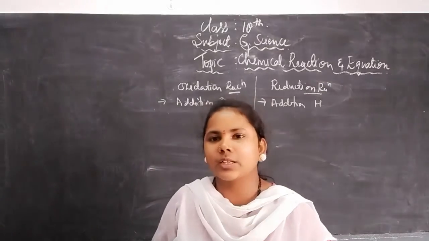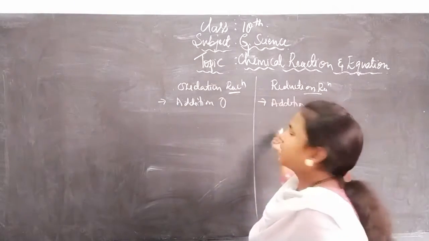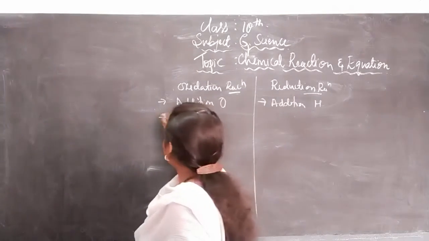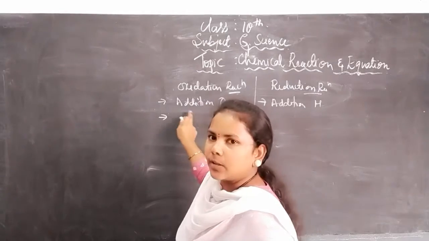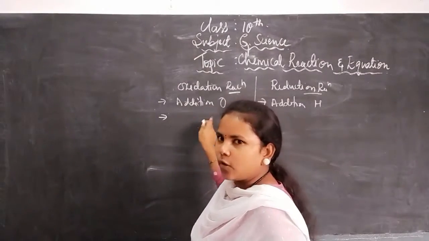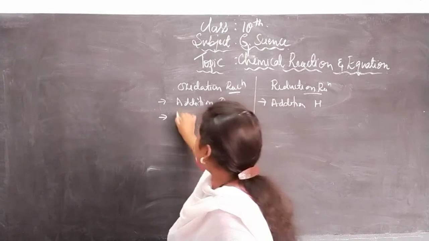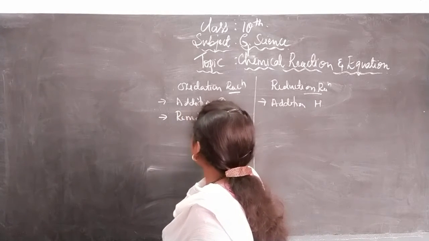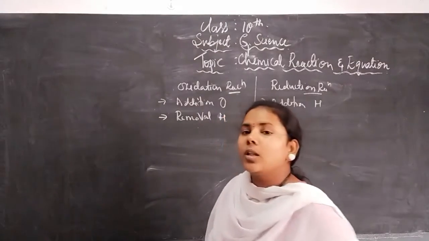These types of reactions are differentiated as oxidation reaction as well as reduction reaction. Then what about these differences we are going to talk about here? Oxidation is the addition of oxygen, while here is the addition of hydrogen. One more thing is the removal of oxygen and the removal of hydrogen. Here we study the removal of hydrogen.